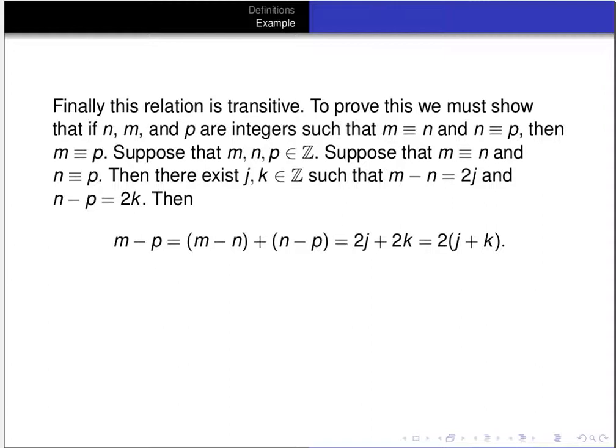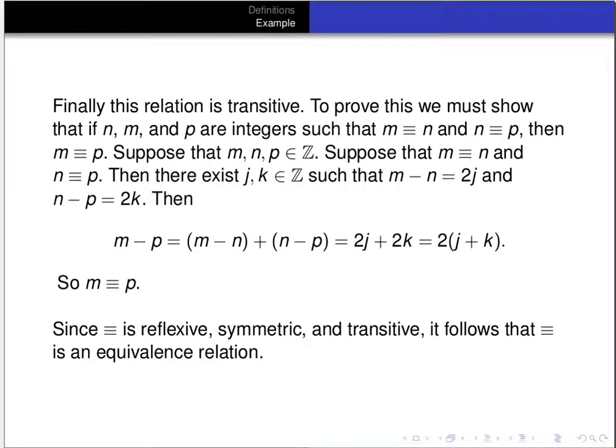That's m minus n plus n minus p. m minus n is 2j, n minus p is 2k. So m minus p is 2 times the quantity j plus k. Well, j plus k is an integer, so that makes m minus p even, so m is related to p.